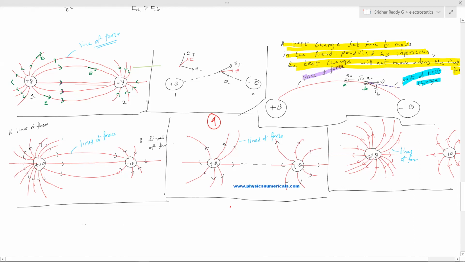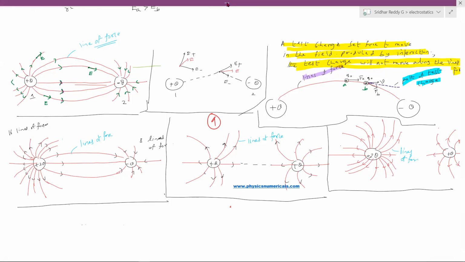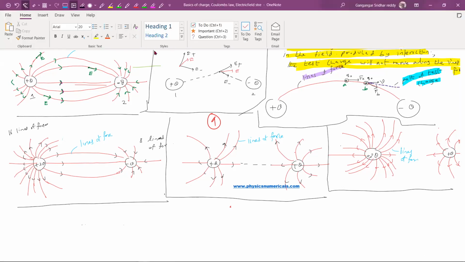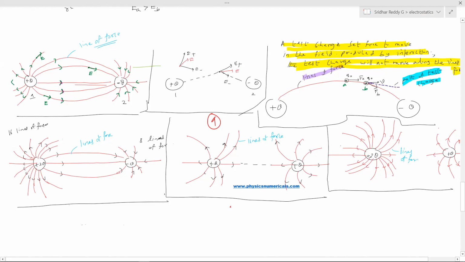If I take two equal and opposite point charges, two unlike charges, plus Q and minus Q, then how will the lines of force be given?